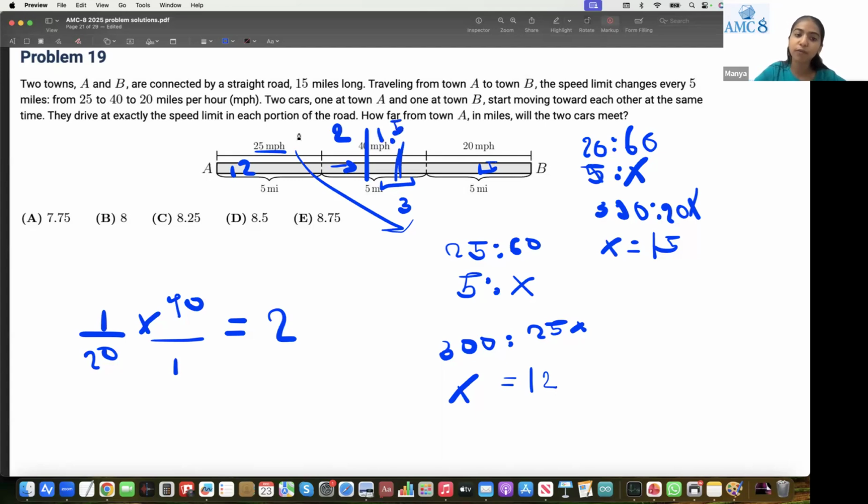And we need to know how far all of this is from town A. So since this is 5 miles, 5 plus 2 miles over here, remember how car A won't wait for car B, it'll just keep going. 5 plus 2 plus 1.5.